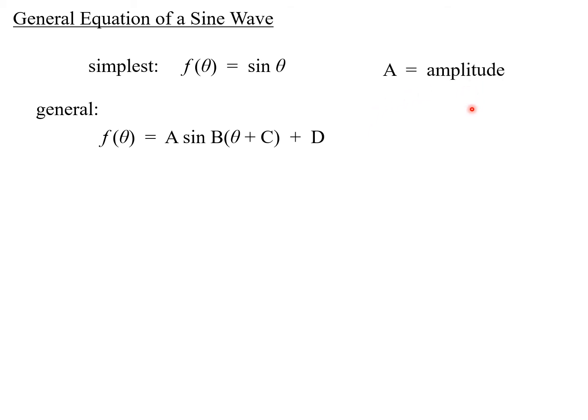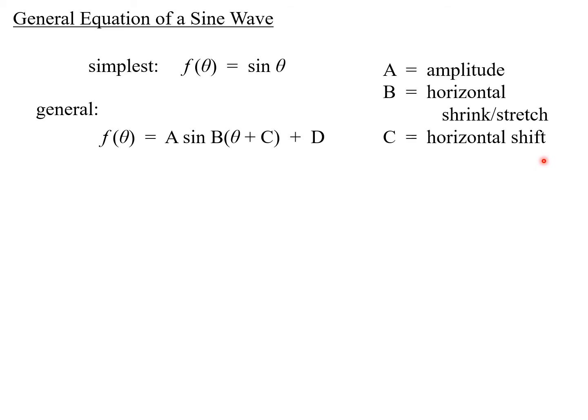Well, a represents the amplitude. B represents the horizontal shrink or stretch. And this is kind of recalling what we did with transformations, which is kind of the same thing as what we're going to do here. C is the horizontal shift, left or right, and d is the vertical shift, up or down.